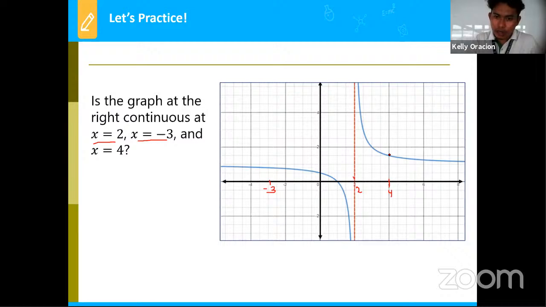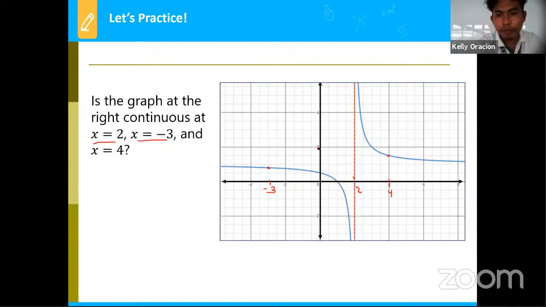At x is 4, there is a point. It's okay, because it's not an open dot. So that means the graph is continuous at x is equal to 4. Here, x is negative 3, also no open dot. It's not a hole; it's shaded. So that means the graph is continuous at x is equal to negative 3 and 4.